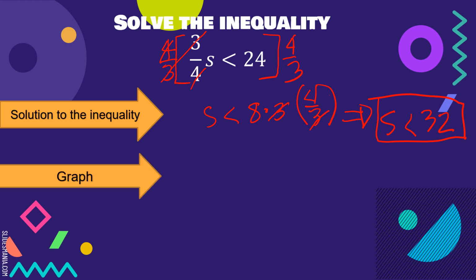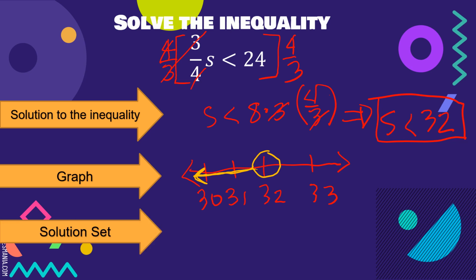By this time, we are going to sketch the graph. 32 is not included in the solution, so we have here 32 followed by 33, and here we'll have 31 and then 30, and then our area of interest is 32, and this is a hollow circle. 32 will not be included, and our graph will be sketched on the left side.